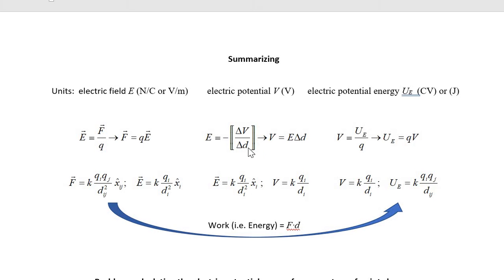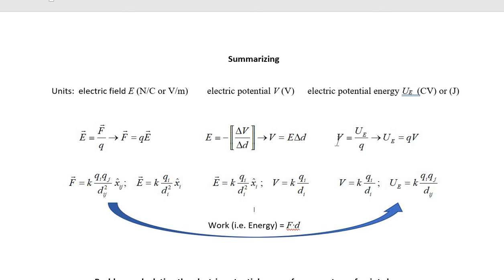Okay? Now, I got this special bracket to indicate something that's highly objectionable. We see over here that electric field is really a vector, and somehow we're connecting that to a scalar voltage. So in college physics, we don't really get into the details of how we can get away with this. But nevertheless, we can write voltage is equal to electric field times distance, right?